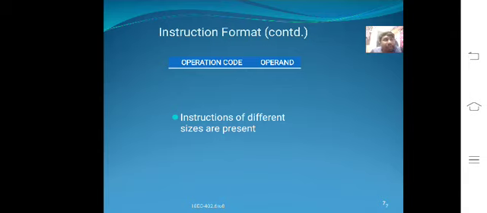Instructions of different sizes are present, based on what type of instruction we give to the microcontroller.